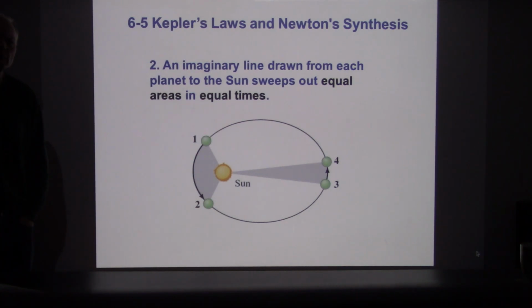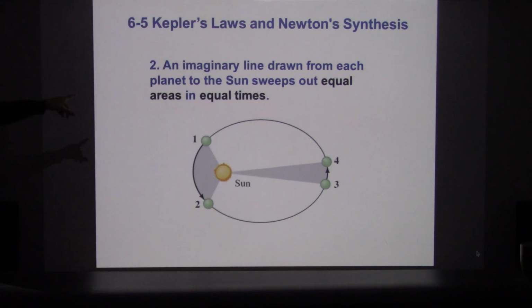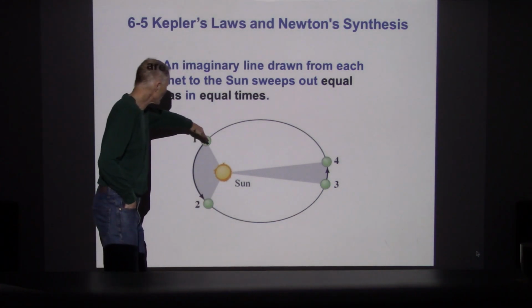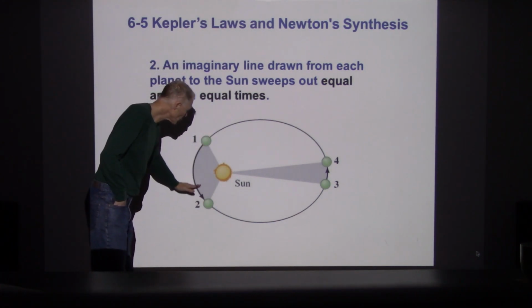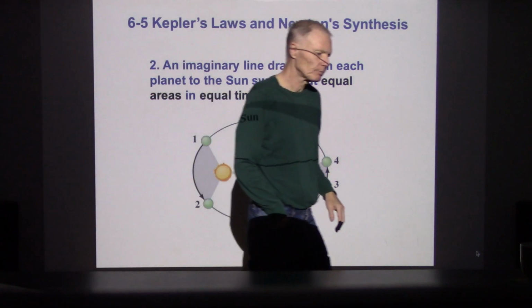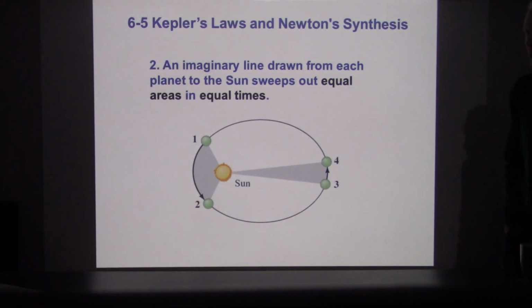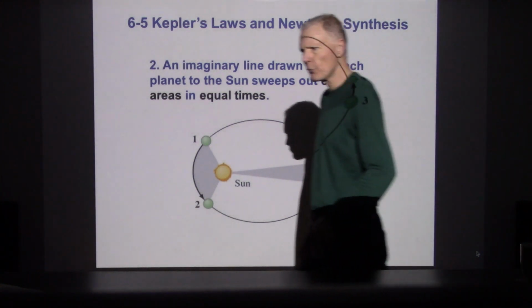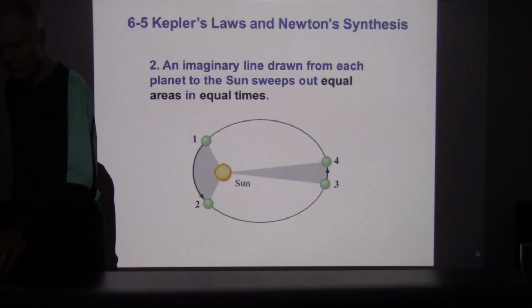He had all this geometry written out, and when he looked at his data for the orbit of Mars and other planets, what he found was that they were sweeping out equal areas in equal amounts of time. And he was able to develop that not using calculus. Calculus had not been developed, but by using approximation techniques for determining the areas through different portions of the ellipse.